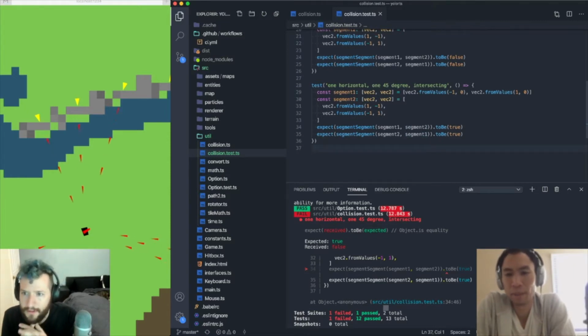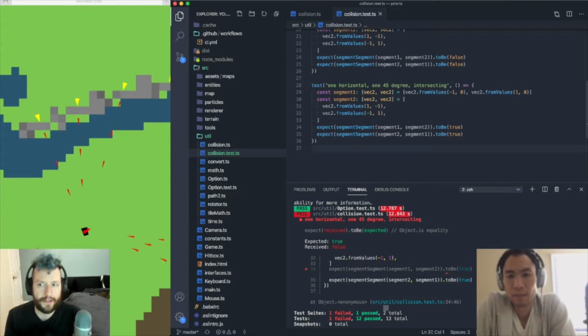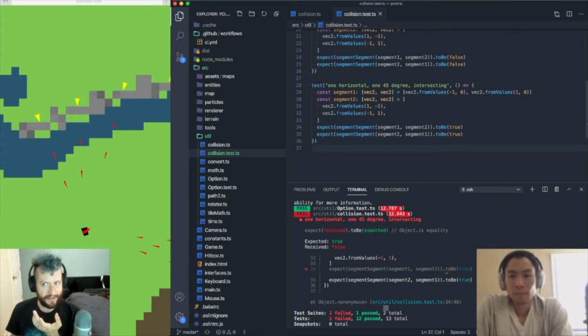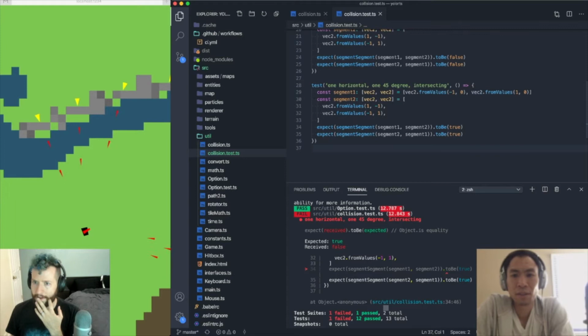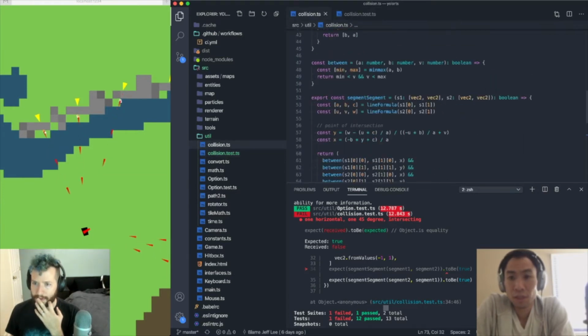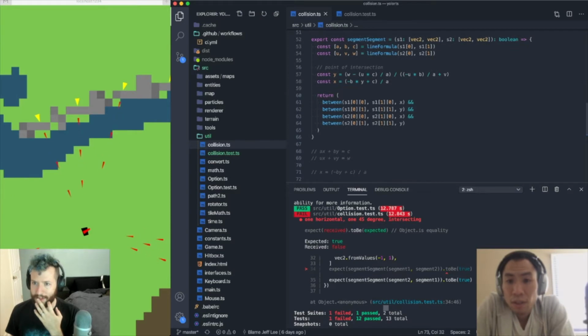Okay. I do think that crosses at 0, 0. Is it weird that it crosses at 0, 0? It shouldn't matter, because what we're getting is the point of intersection, and then we're just calculating between. So that should be fine.